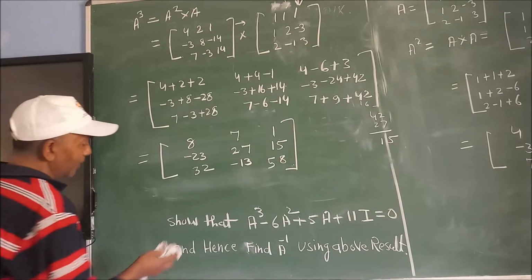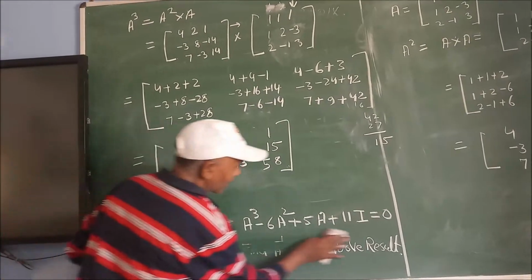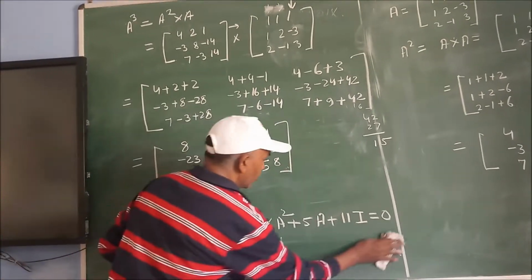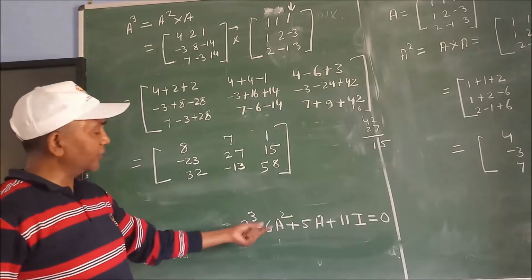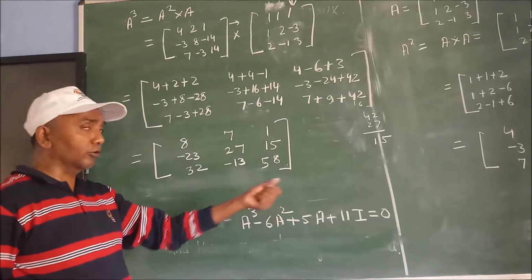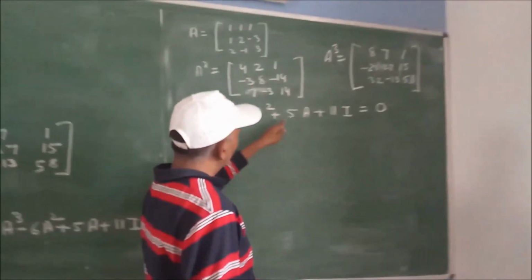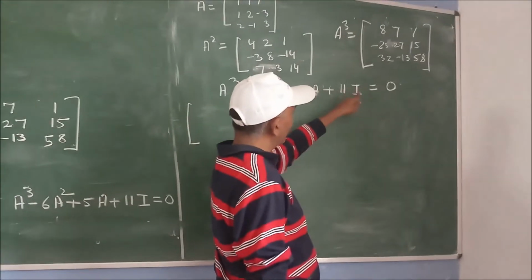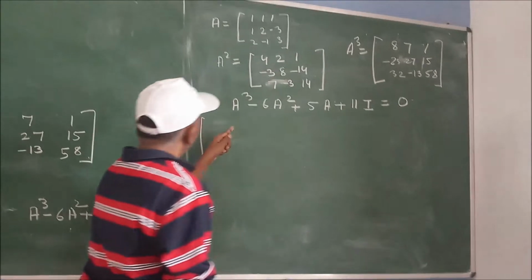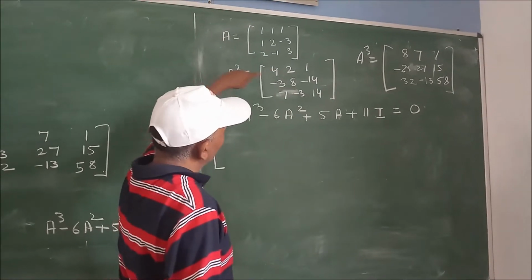So after that we will use this result: A cube minus 6A square plus 5A plus 11I is equal to 0. We have to prove that A cube minus 6A square plus 5A plus 11I is equal to 0. So we have already got A square and A cube.